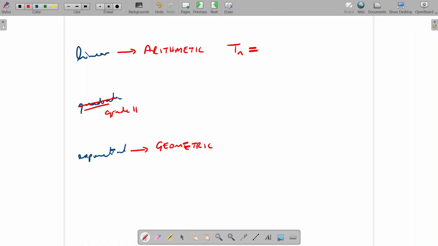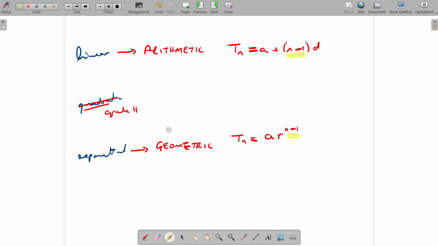Now the key thing is to know the formulae. The formula for an arithmetic pattern is that Tn equals a plus n minus 1 d. And the formula for geometric is Tn equals a r to the n minus 1. A couple of things that we need to discuss. Firstly, please notice that both of them have an n minus 1.